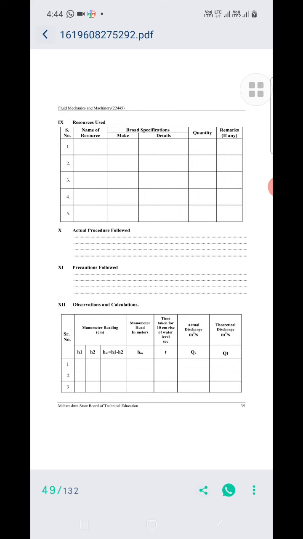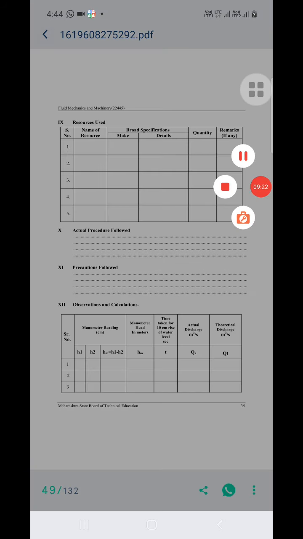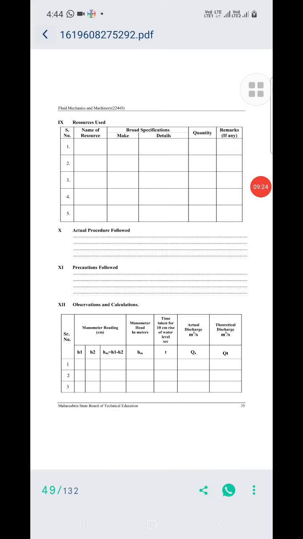Next, resources used, with broad classifications. The procedure and application are the same. Firstly, note down H1 and H2, the manometer heads. Whenever you get H1 and H2, HM is equal to H1 minus H2, the manometer head in meters.